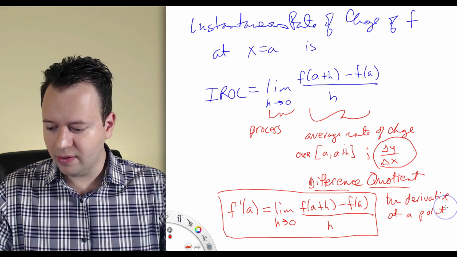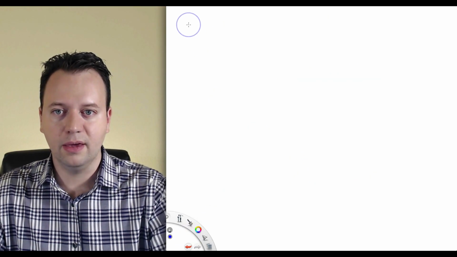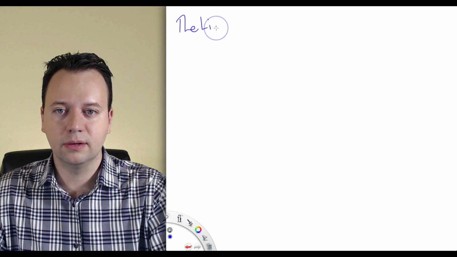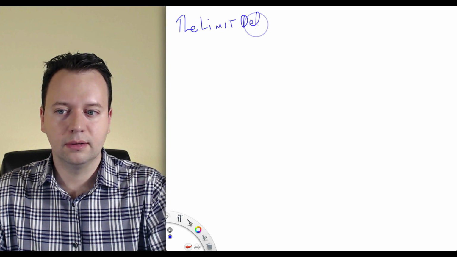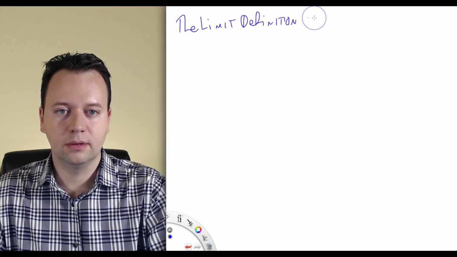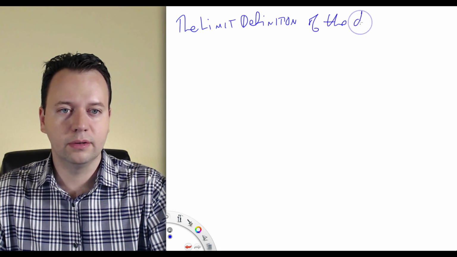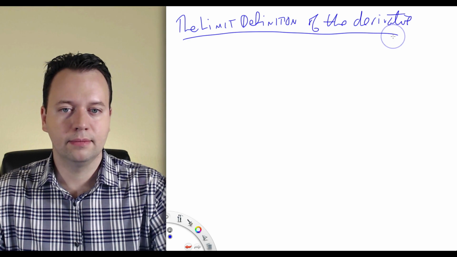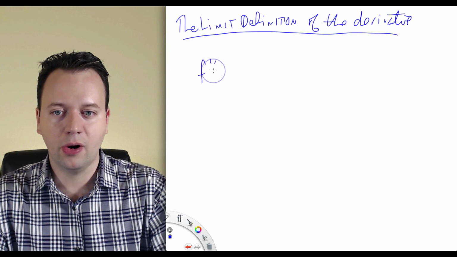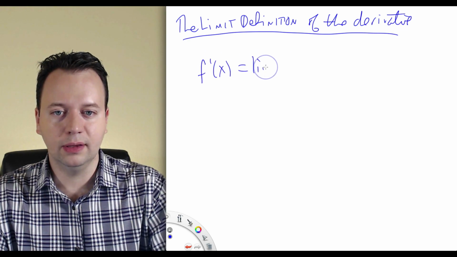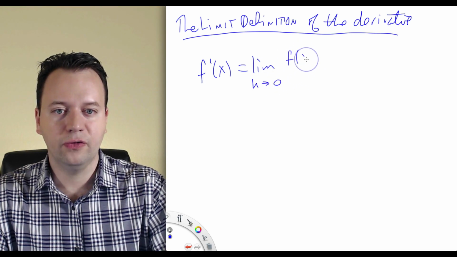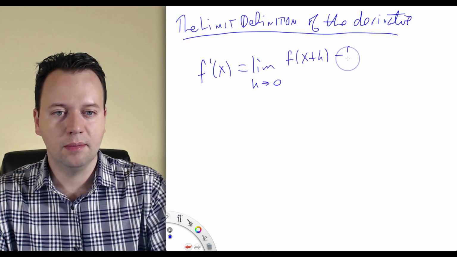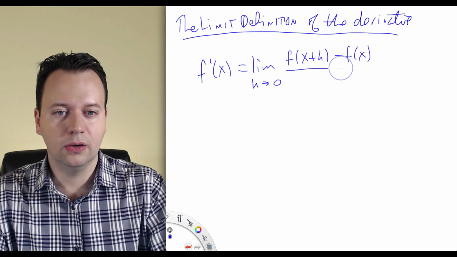So we can rewrite this as a function, and that brings on the limit definition of the derivative. And that is f prime of x is equal to the limit as h goes to 0 of f of x plus h minus f of x over h.